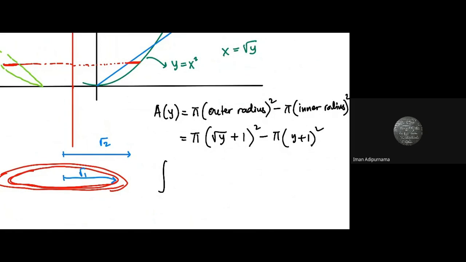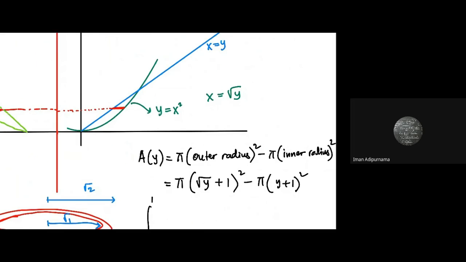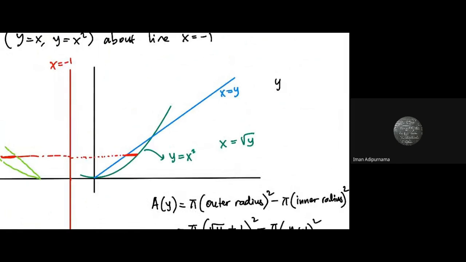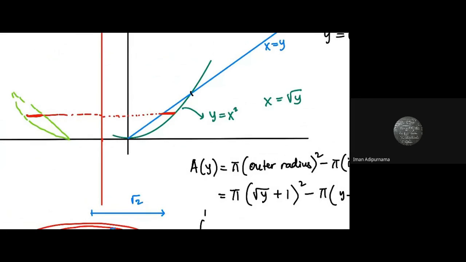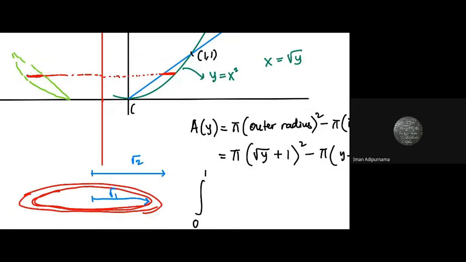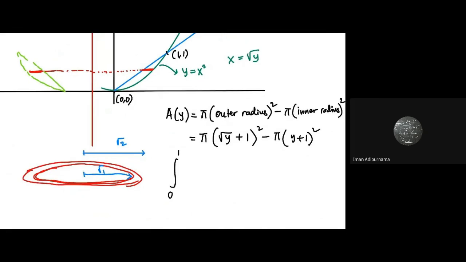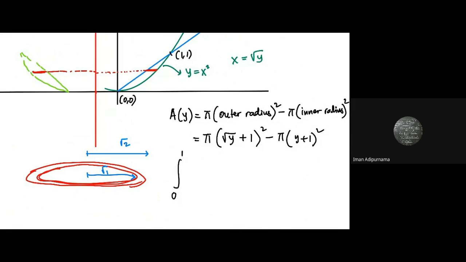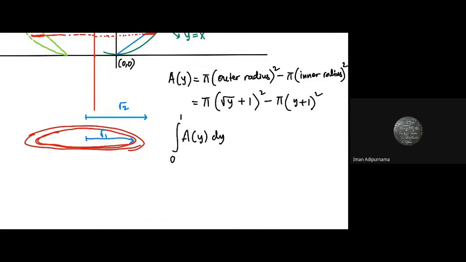Then the integral is from 0 to 1, the intersections from the previous example, where square root of y equals y gives the results 0 and 1. We write the volume, or in this case the area, and then dy.